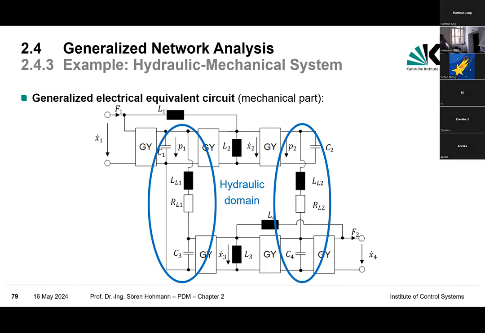So this is not the only way to position all the two port elements as well as the one port elements. So there are various possibilities. So it's not unique, so to say, to model such a system. This is knowledge you already have. We know we have different kinds of models.